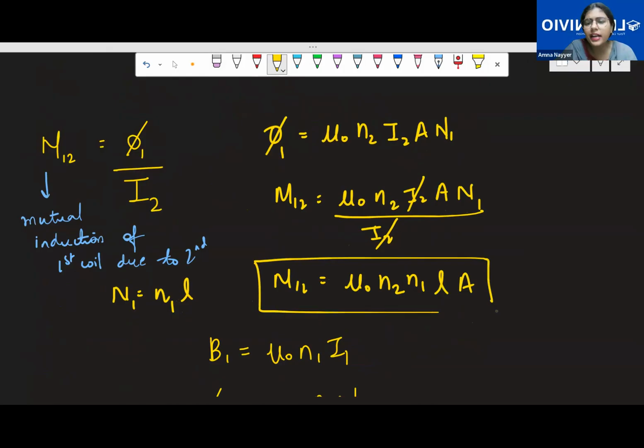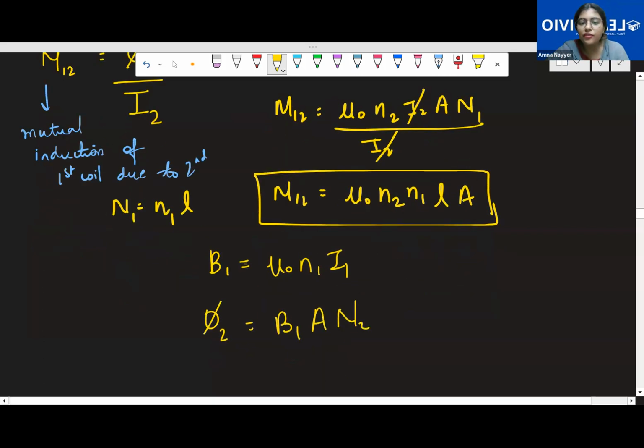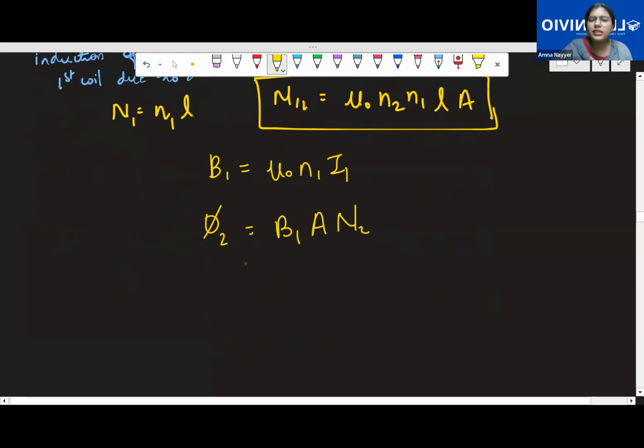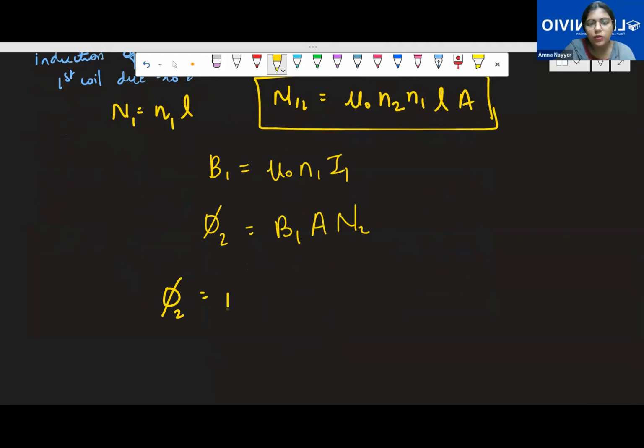Now derive it for the other one, M21, mutual induction of the second due to the first. So the magnetic field of the first will be considered, because now you are considering the coil as the second one. So phi 2 will be B1 A and 2. If I put phi 2, this will be equal to mu naught n1 I1 from the magnetic field, A into N2.